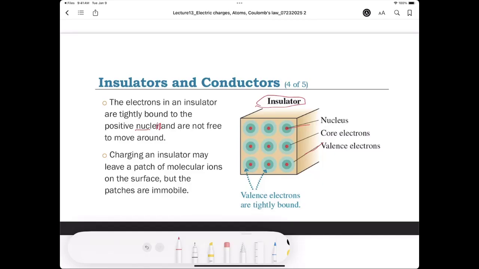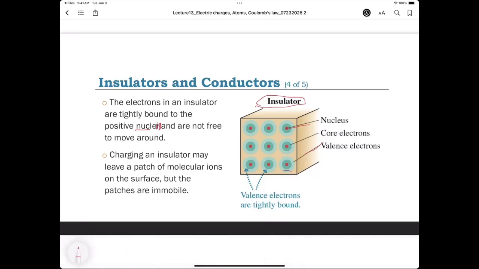Because the electrons are tightly bound to the positive nucleus, whether core electrons or valence electrons, they are all tightly bound and not free to move around. So charging an insulator may leave a pattern of ions on the surface, but those patches are immobile, which means the charge cannot be transferred.